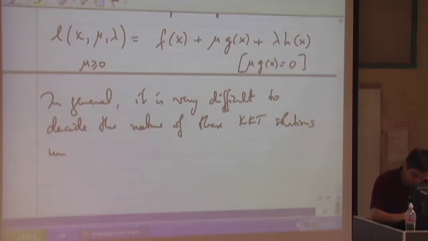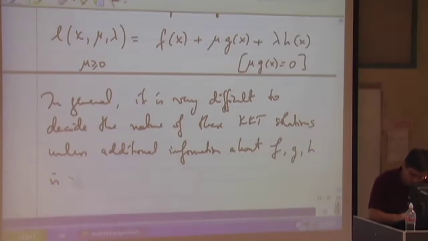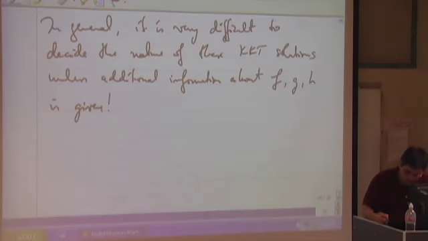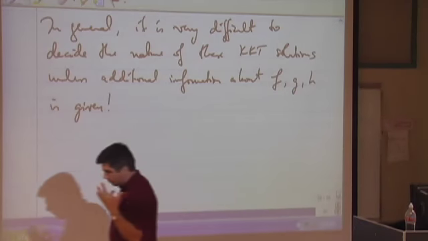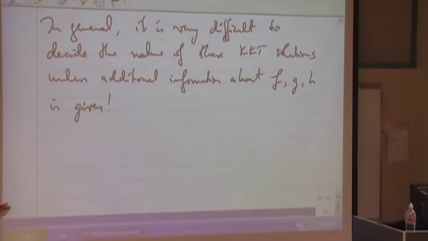unless additional information about F, G, and H is given. So what would be one type of information? For instance, again, if you know F goes to infinity as X goes to infinity, and still be inside the feasible set, there is a global minimum, right?